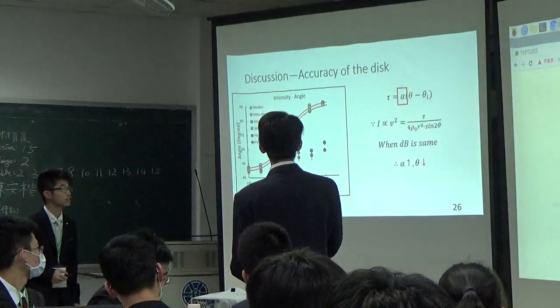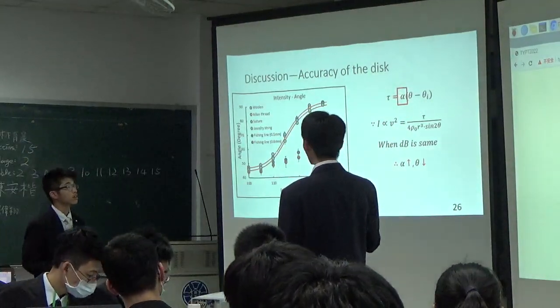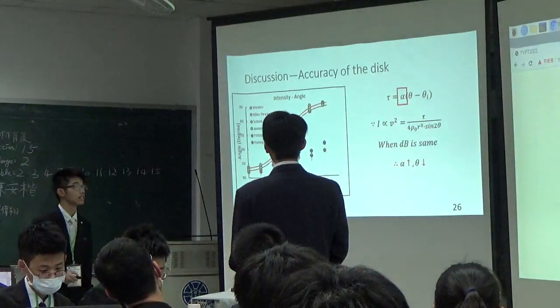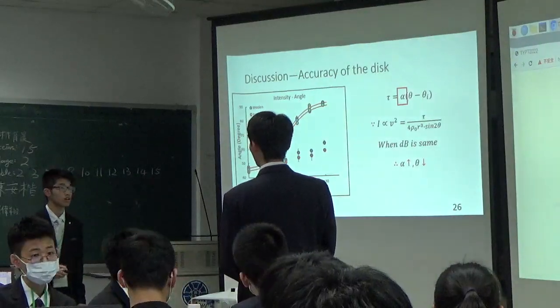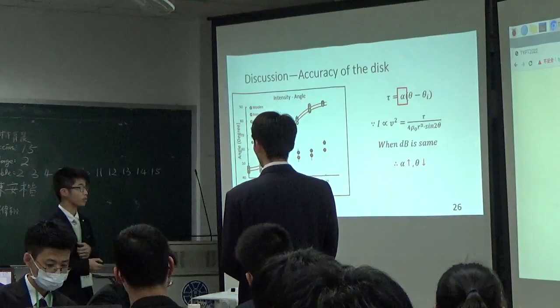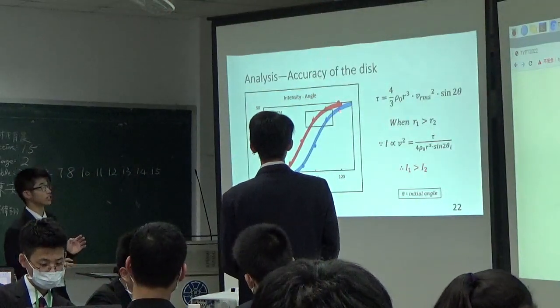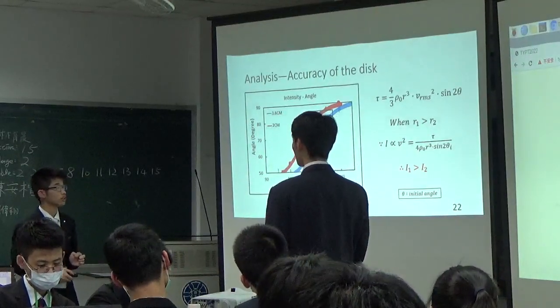So the accuracy of this disk is only relevant to the torsion constant. In this experiment, it is. Okay, so how about the other experiment? There are other things that would affect the accuracy of the disk. The radius. Yeah. As I have mentioned in the report, the radius will affect the accuracy. Also, the radius and the torsion constant will affect the disk. Yes.